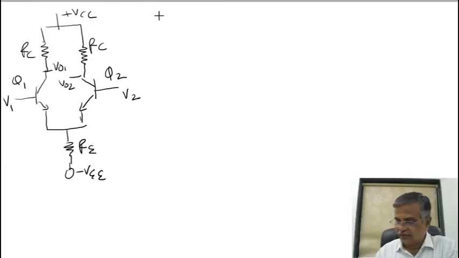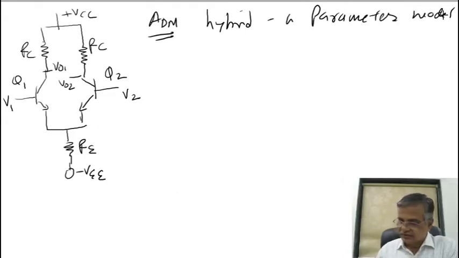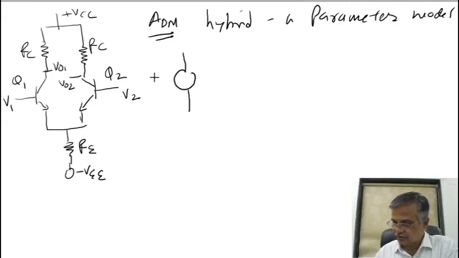Now I want to derive the equation of ADM using the hybrid H parameter model. The hybrid H parameter model circuit for this you can draw like this. This is your VD by 2.